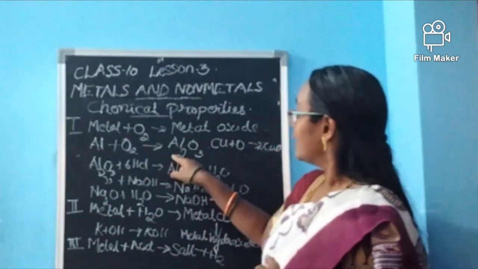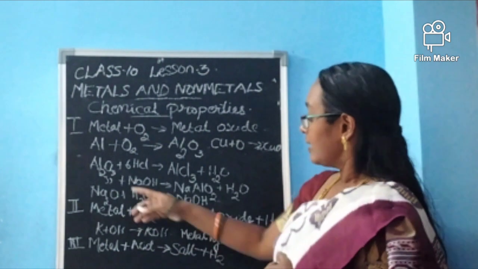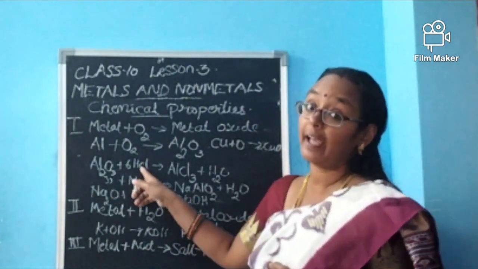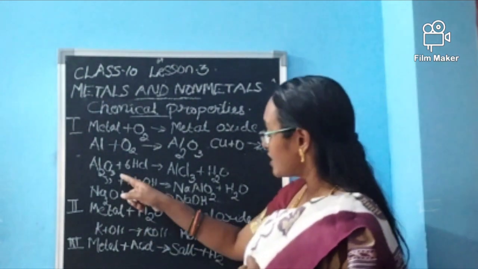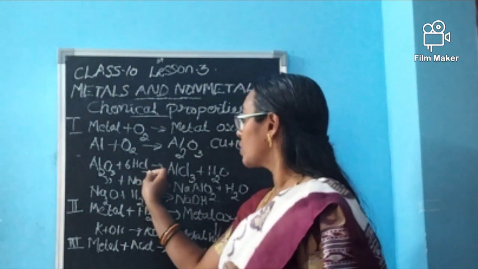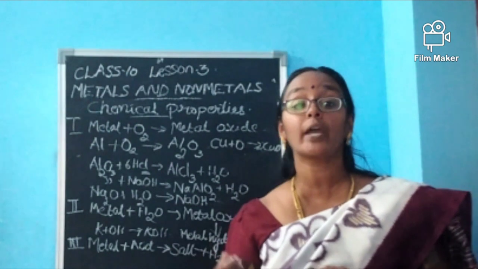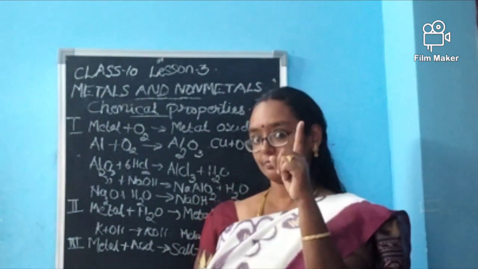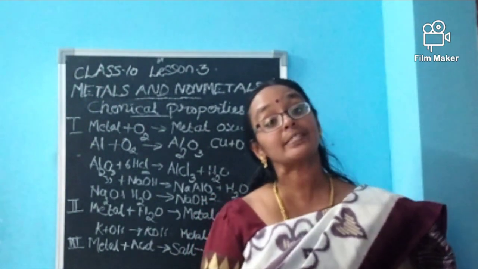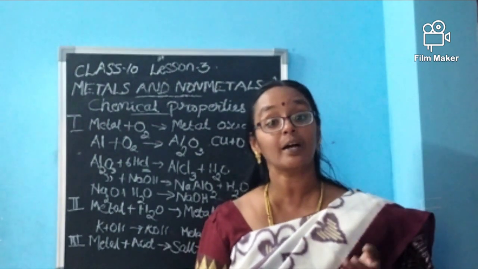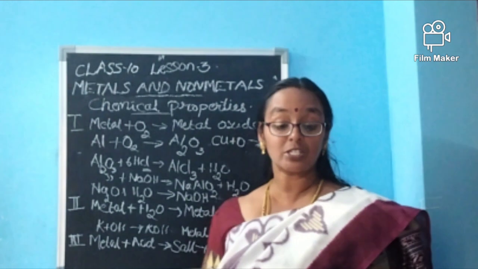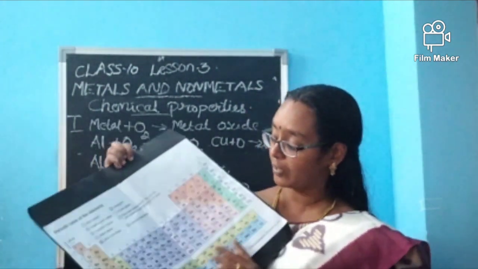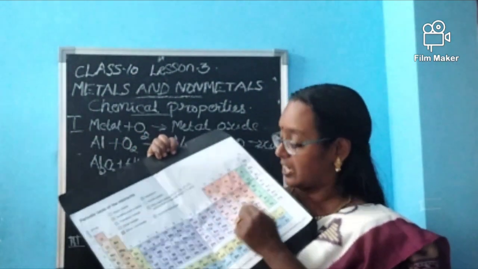Okay, dear, Al2O3. Then when this Al2O3 reacts with HCl, hydrochloric acid, what will happen? As we know, chlorine has a tendency to gain 1 electron. Aluminium has the tendency to lose 3 electrons because it belongs to the boron family, +3 oxidation state.